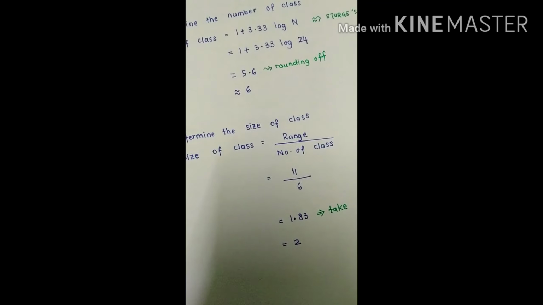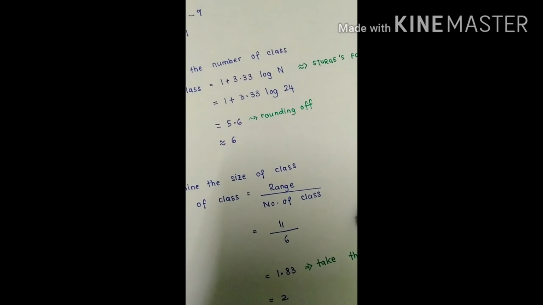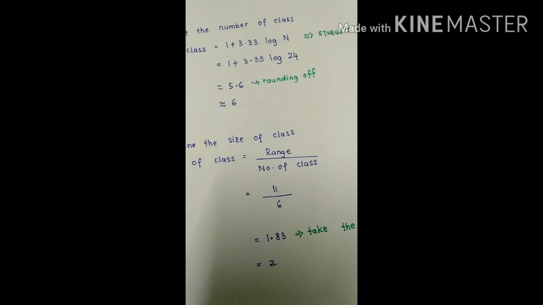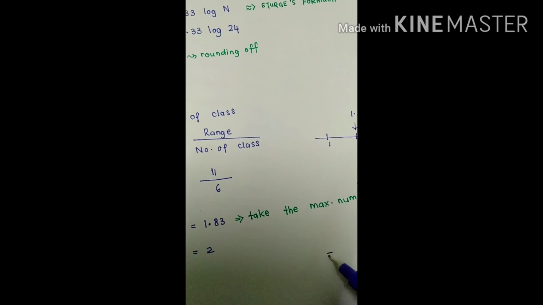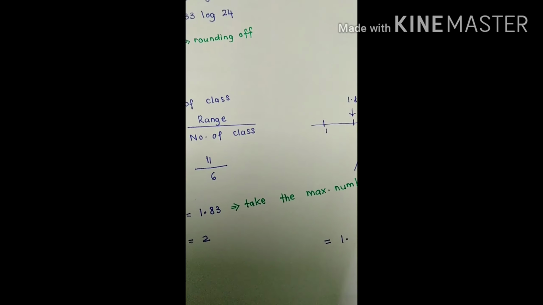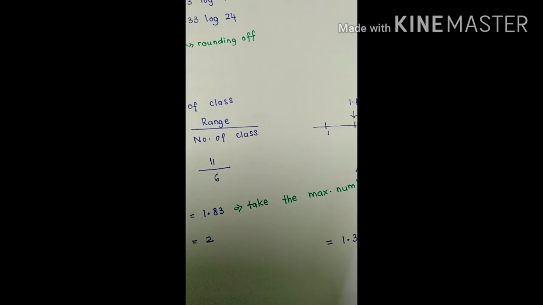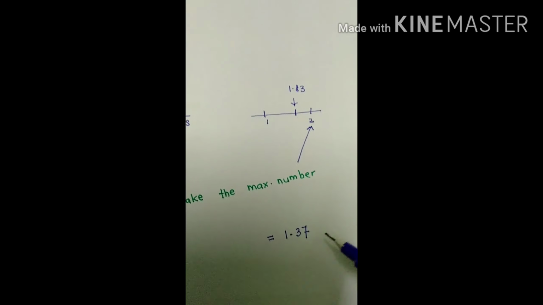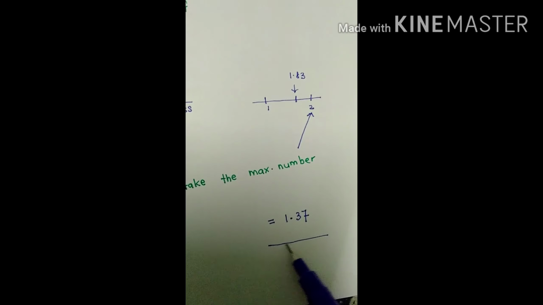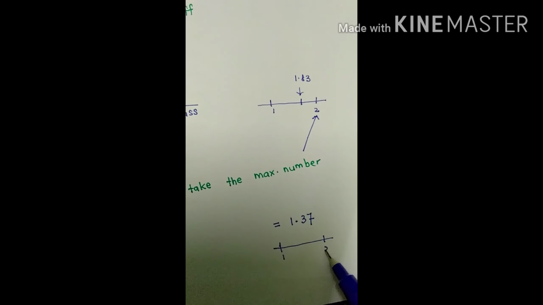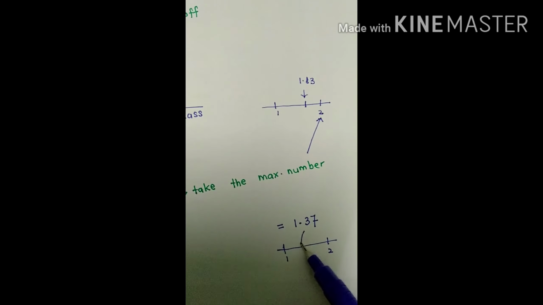For example, if you calculate and you get the number 1.37, so 1.37 lies between 1 and 2, somewhere here.